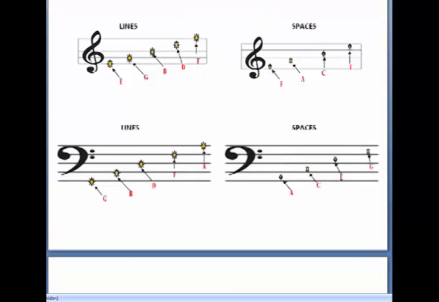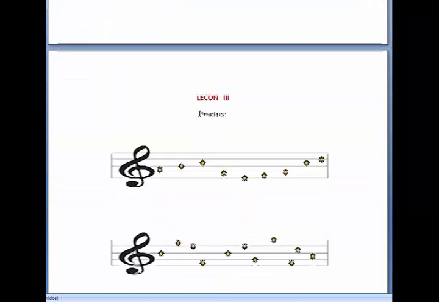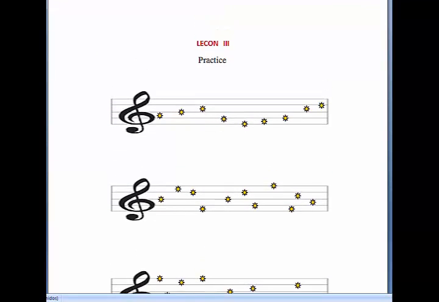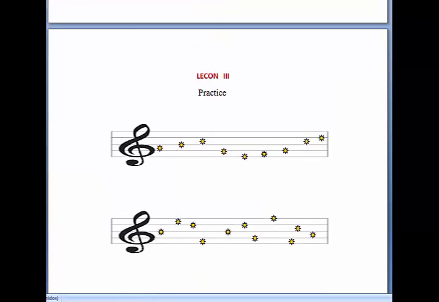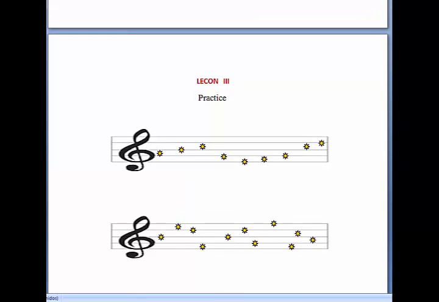In the second lesson we're gonna talk about the F clef, bass clef, and we're gonna study lines and spaces. For now, don't study F clef. Keep going on the G clef, and in the second lesson we're gonna practice the F clef together. Please practice a lot, because you need to know the music sheet.